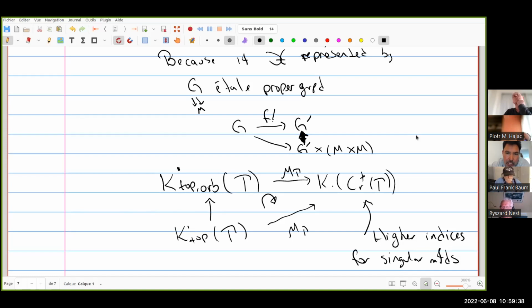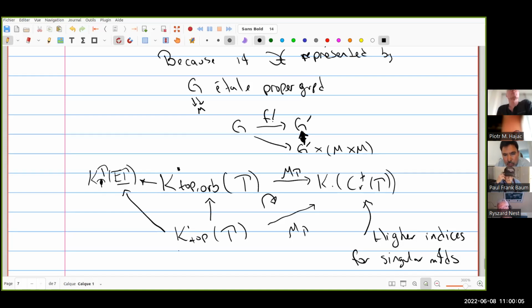But essentially they both compare with the equivariant cohomology, for example, of the E-bar. And in fact, one can show that these two are isomorphisms, and this is commutative, of course. But it's not trivial to show that this is an isomorphism.